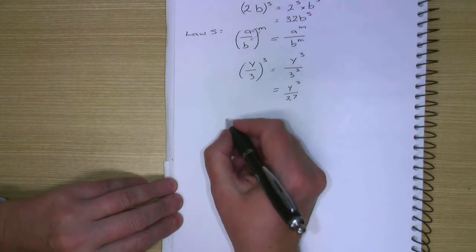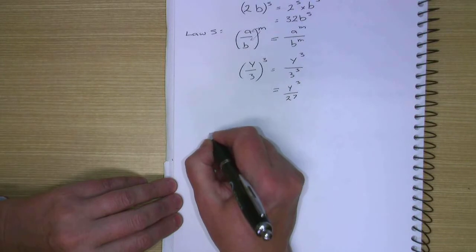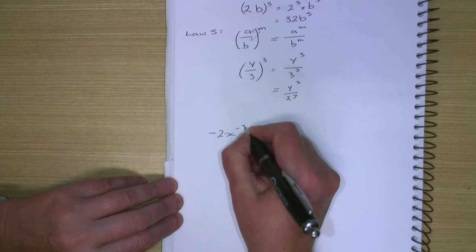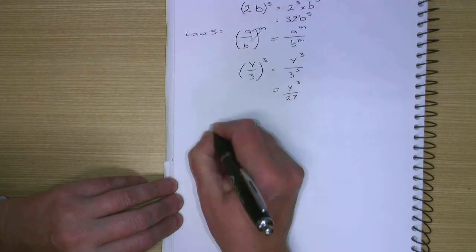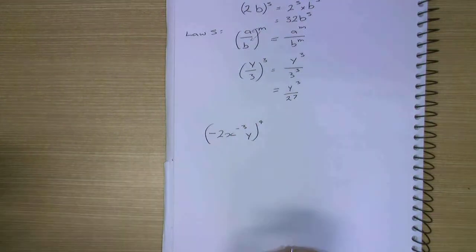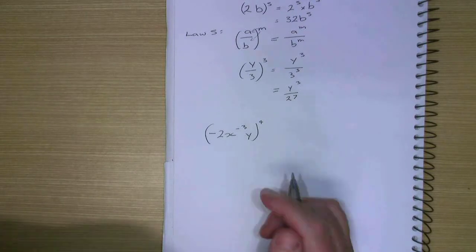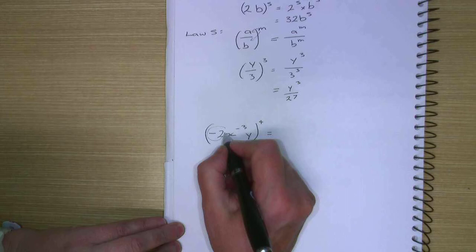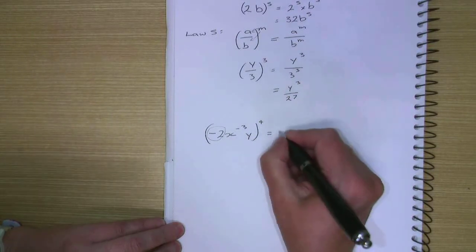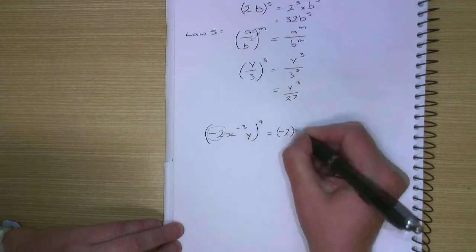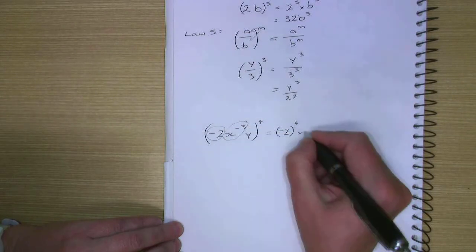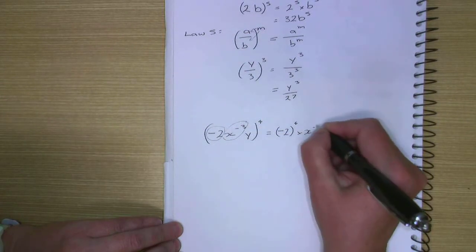So that's basically index law 4 and 5. If you want, we can look at some more complex examples. So if I have, let's do a pretty complex one, (minus 2, x to the minus 3, y) and make that all to the 4. Each part goes to the power of 4.